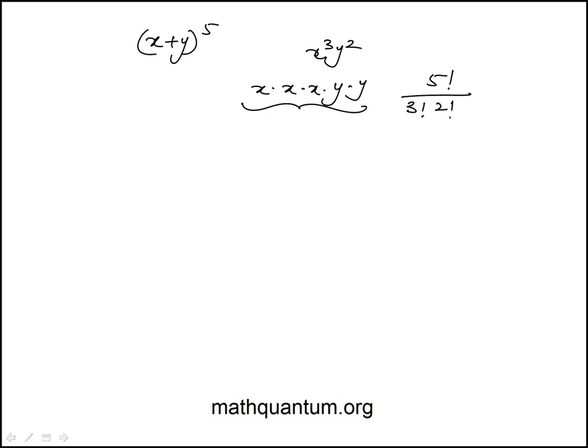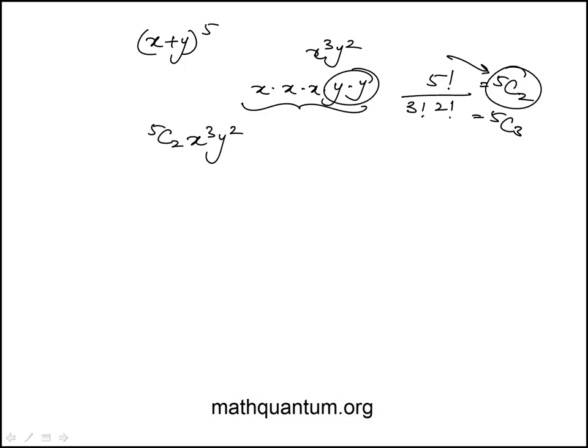So 2 y's, 3 x's. And this is the same as 5C2. We can also use 5C3, but as a convention, we're going to choose 5C2, which reflects the number of y's. So we're kind of pairing this. We could either write it like this, go with the x's, but generally convention is to use that, but they're both equivalent.